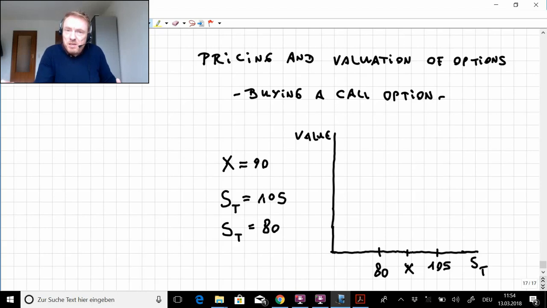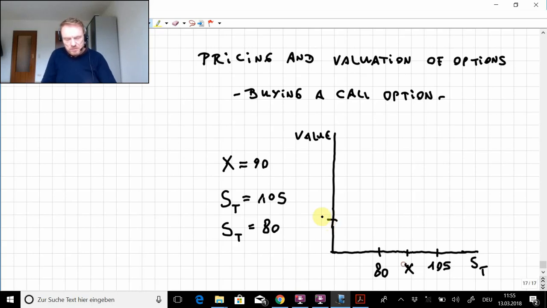If it's going to be 105, for example, he or she has the right to buy the underlying asset at the price of 90 and sell it immediately afterwards at the price of 105, giving a profit of $15, say if the price of the option was 0.